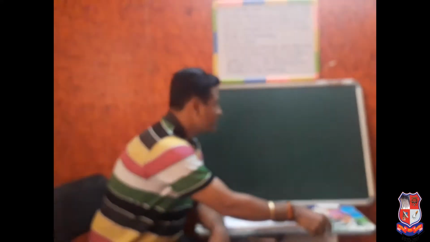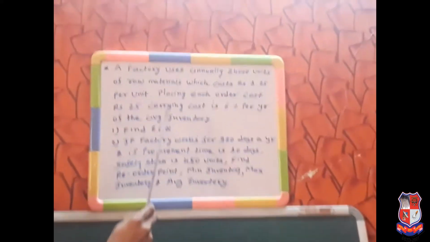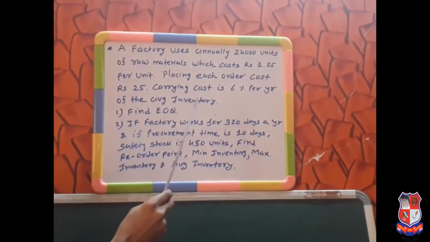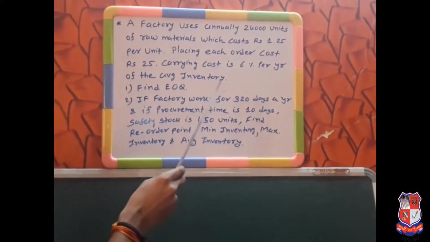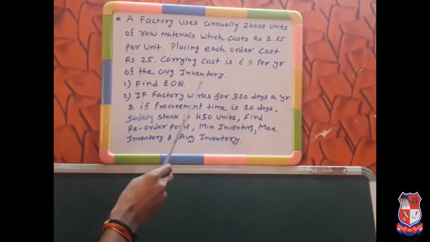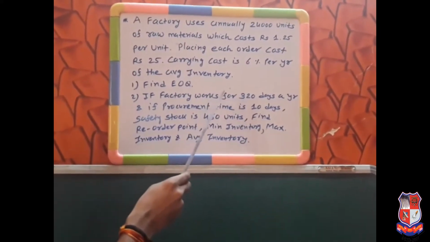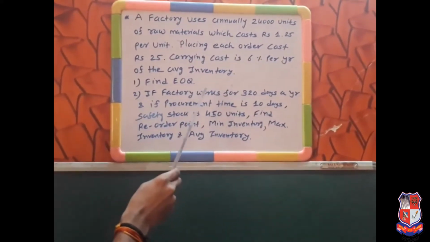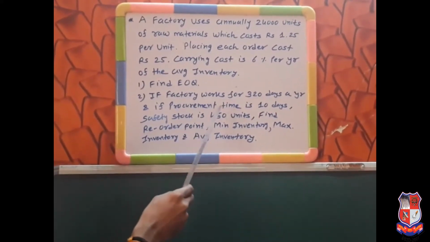Now see, this is the first example. A factory uses annually 24,000 units of raw material, which costs rupees 1.25 per unit. Placing each order costs rupees 25. Carrying cost is 6% per year of the average inventory. Part number 1, find out EOQ.